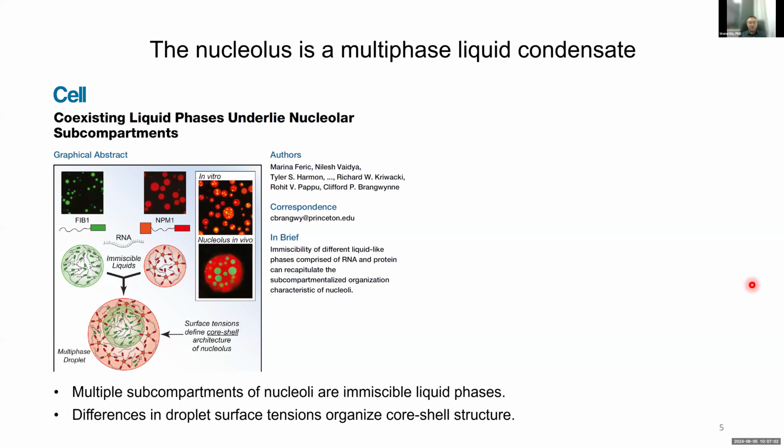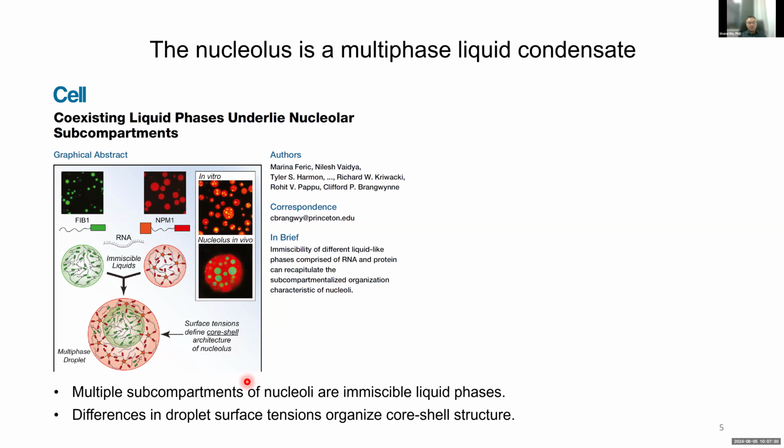And recently, a very beautiful work from Cliff Brangwynne's lab shows that the nucleolus can be viewed as a multi-phase liquid condensate because the different subcompartments showed dynamic exchange with the surrounding, which means they have those liquid-like properties.